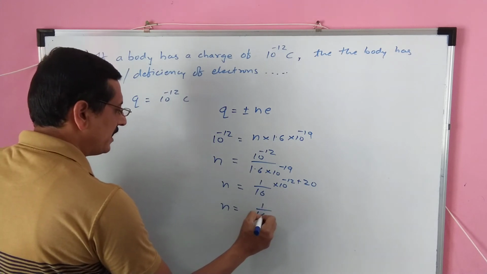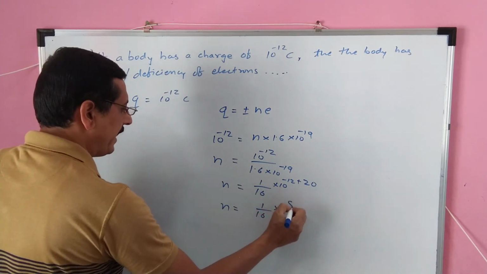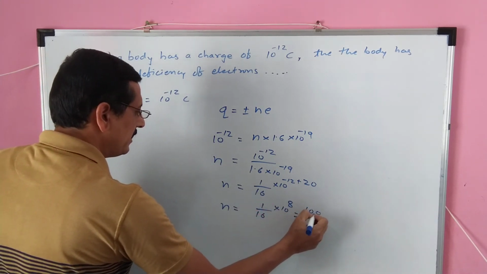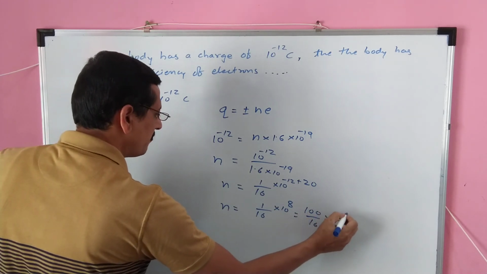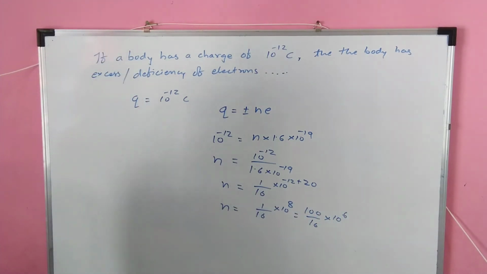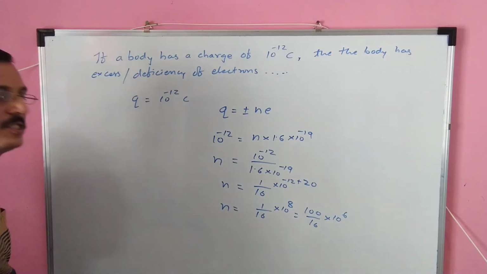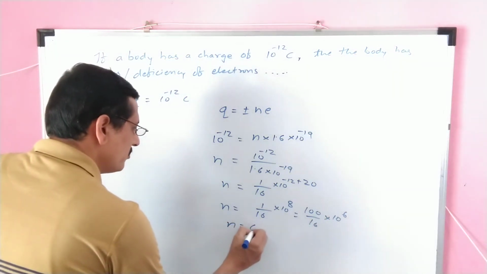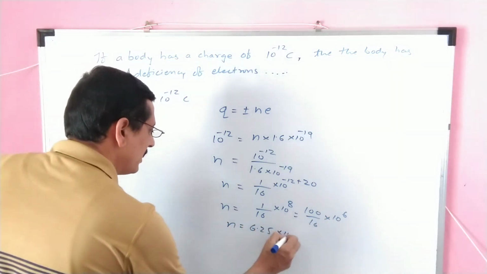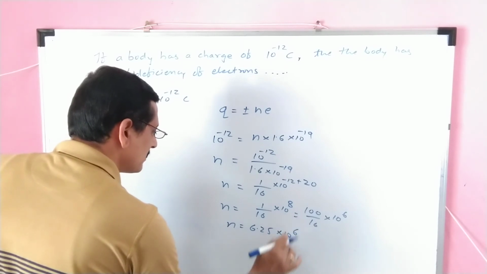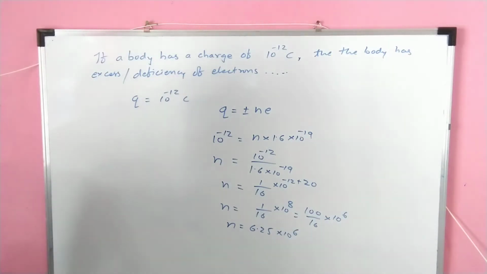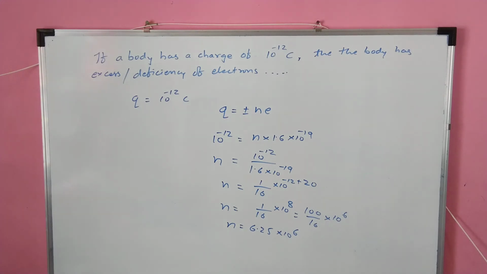So this is 1/1.6 × 10^7, that is 100 divided by 16 × 10^6. Let's solve, student. We already know its answer, we just solved it. So N is equal to 6.25 × 10^6. Okay, so this is the value of it.